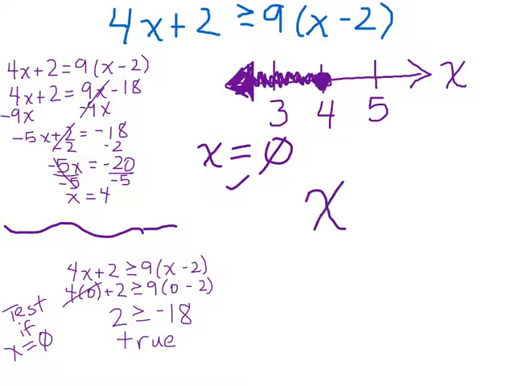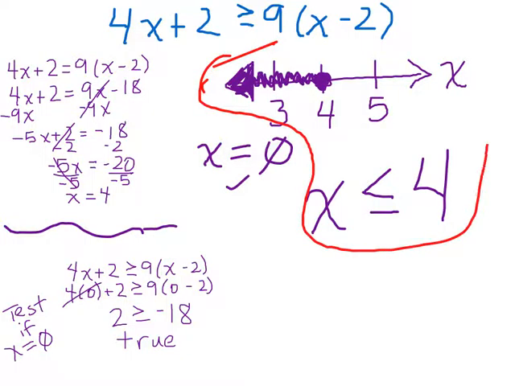For the values of x, all of the values of x are less than or equal to 4. My final answer then consists of the number line and the final inequality that show that all of the values of x in this inequality will make true statements as long as they are less than or equal to the value of 4.